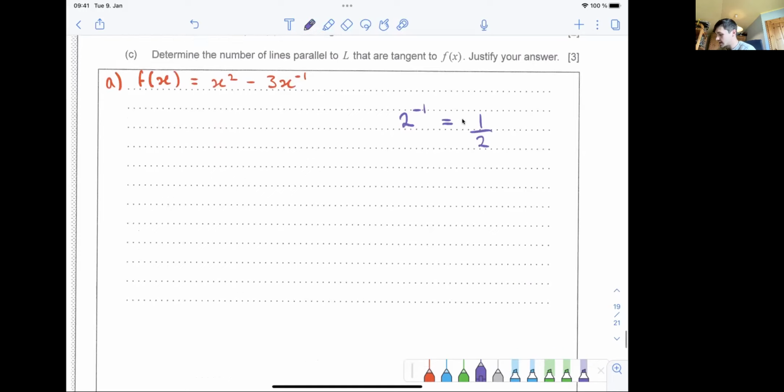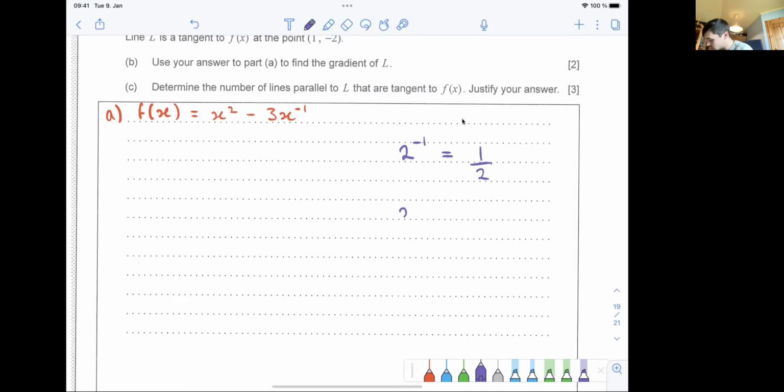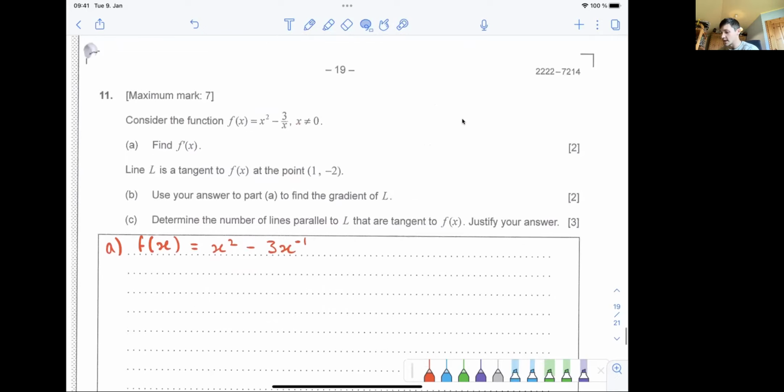Equally, 2 to the power of negative 2 is equal to 1/2 squared, which is 1/4. So whenever you raise a number to a negative power, it's essentially moving it to the denominator. I've done the reverse here.